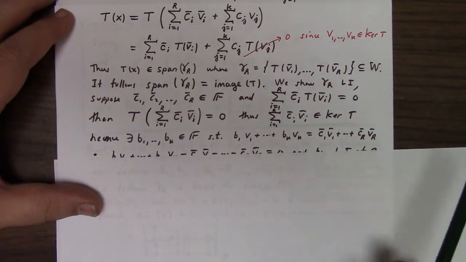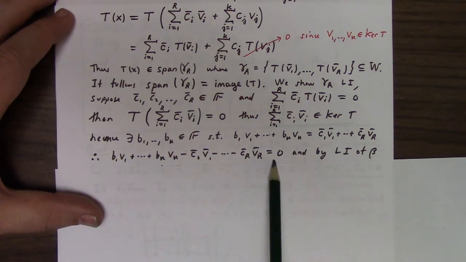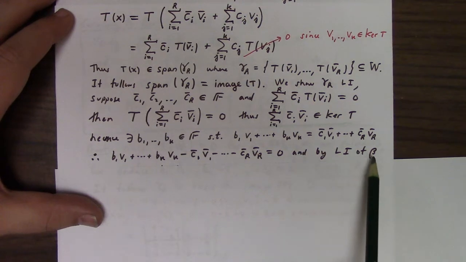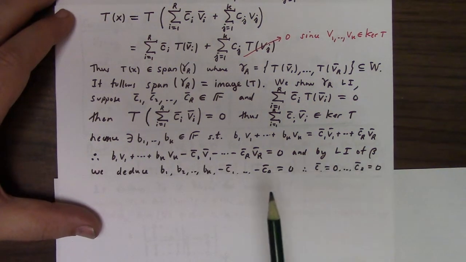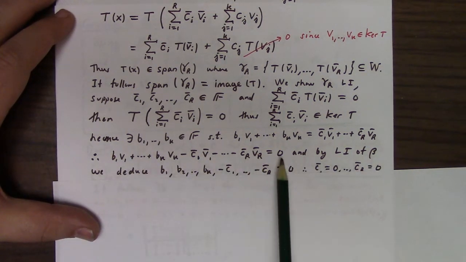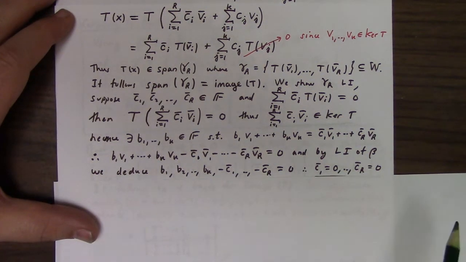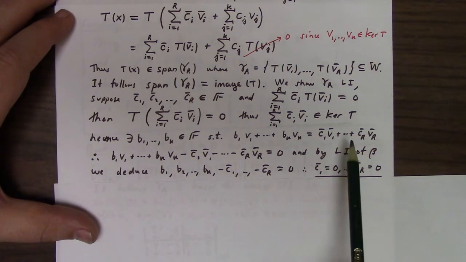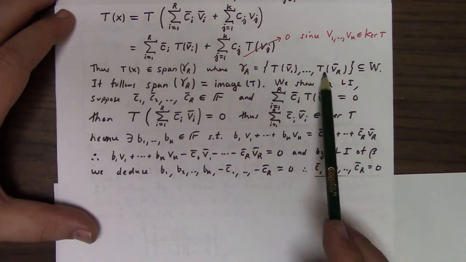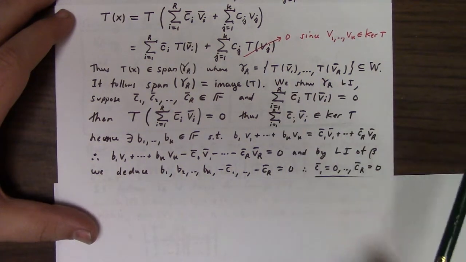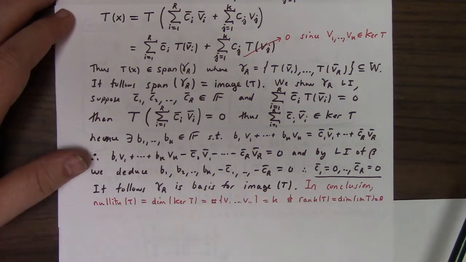So I have this equal to that, but then rearranging gives me this linear combination equal to 0, but then by linear independence of the basis, we deduce that all of the coefficients here are 0, which in particular tells me that the c bar 1 through c bar r are 0, which is to say we have shown that this set right here is a linearly independent subset of the image and hence is a basis for the image.